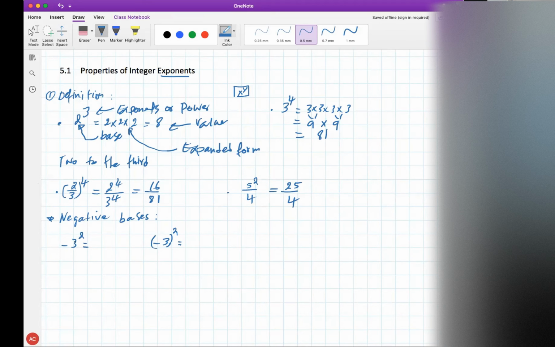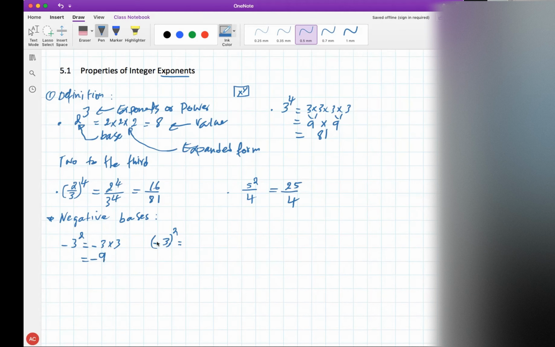So it's negative 9, because the 2 belongs to the 3. The minus is not part of the base. The minus is independent. So the minus is there and we expand this. So the power is directly on the number 3. So this minus will stay here, and this will become 9.